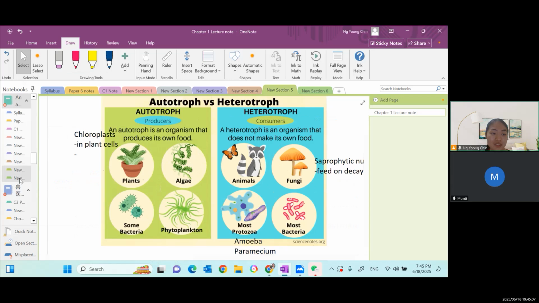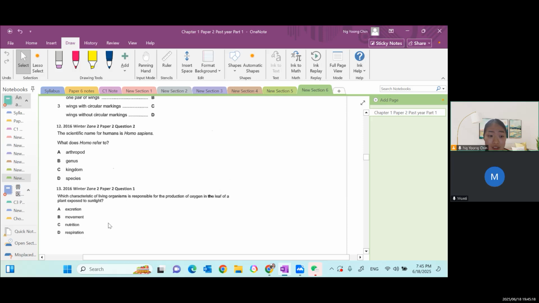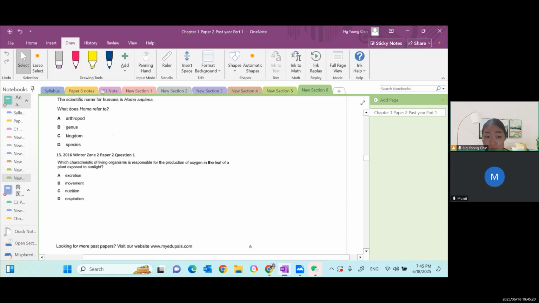Monty, plants can do respiration too, but most of the time, plants prefer to do photosynthesis, which is classified under nutrition. You know at what time the plant is able to do respiration?